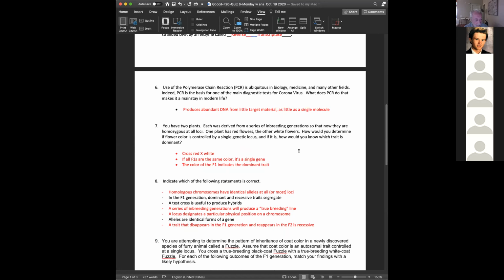And I gave credit for where I thought you were on the right track. Some of you got it completely right. But you would cross the plants with the 2 different flower colors. If all the F1s are the same color, you've identified a single locus. And the color of the F1 tells you which trait is dominant. So if all the flowers are white in the F1, then white is dominant.